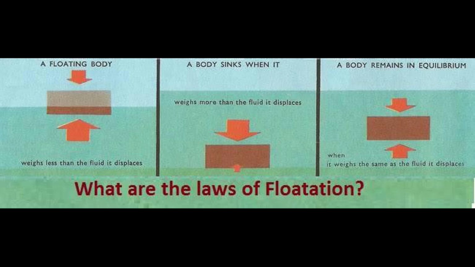So from this we have understood that those substances which have less density than 1 gram per cubic centimeter will float in water, and those substances which have more density than 1 gram per cubic centimeter will sink in water. So it depends upon the liquid. Different liquids do have different densities.